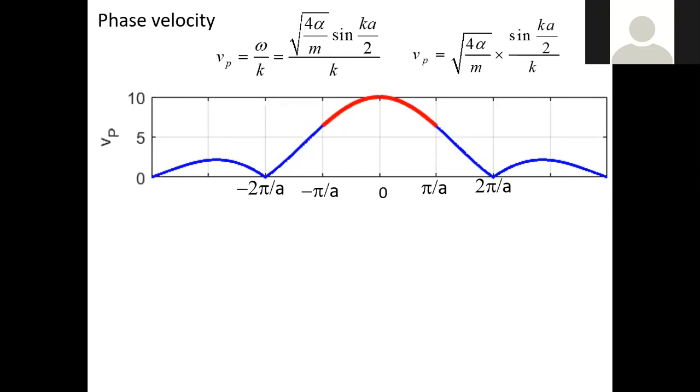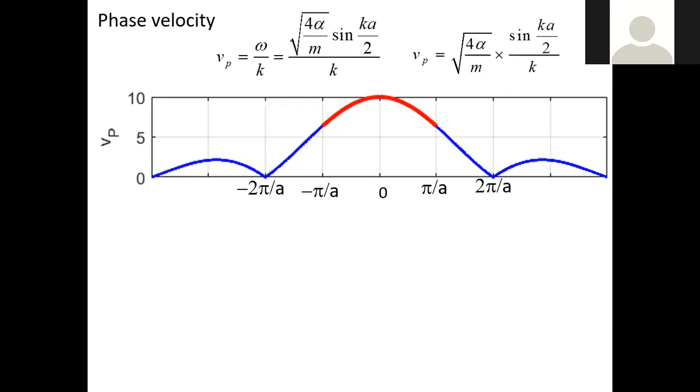Now already you know that this region from minus pi by a to plus pi by a is known as the first Brillouin zone. In the first Brillouin zone, you can find a very good variation of the phase velocity, taking the maximum value at the very symmetric position k equal to 0.